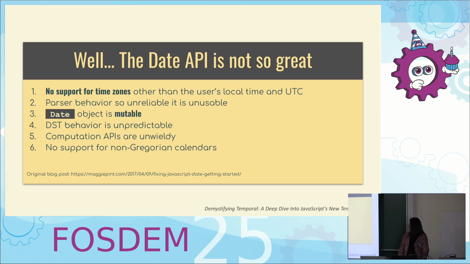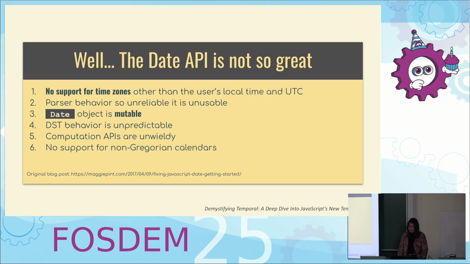The first one is there's no support for time zones other than the user's local time and UTC. The parsing behavior is very unreliable, and the Date object is mutable. That means if you have one Date object and you're using it several times, and you do something like setMonth or setDate, it can cause bugs because the original Date object would be modified.